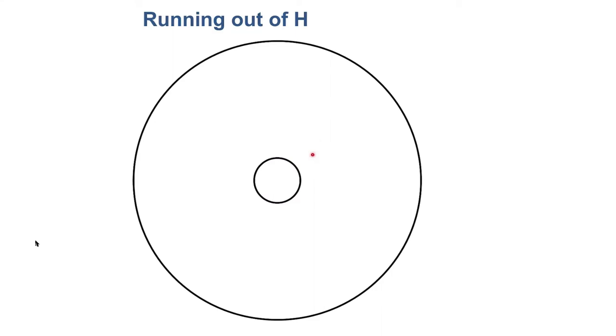And so what happens when you run out of hydrogen? Specifically, where do you run out of hydrogen first? You run out of hydrogen in the region of the sun where it is hottest and densest, the place where the nuclear reactions happen the fastest, and that is at the very center. So when the sun runs out of hydrogen, it will be at the very center first.